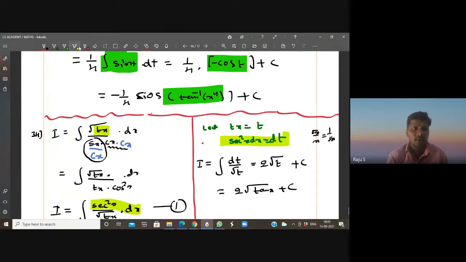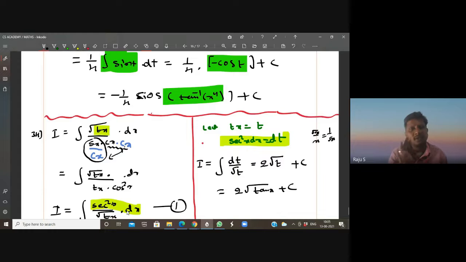Once again, what I have done here: tan x we want to take as t. Tan x derivative is secant square. There is no secant square, so in the denominator I multiply and divide with cos x. Cos x into cos x is cos square x. 1 by cos square x becomes secant square x. Here the denominator becomes tan x. Root tan x by tan x becomes 1 by root tan x. So now you can take tan x as t or tan x as t square also. That's your wish. A square root is there, so you can take t square also.